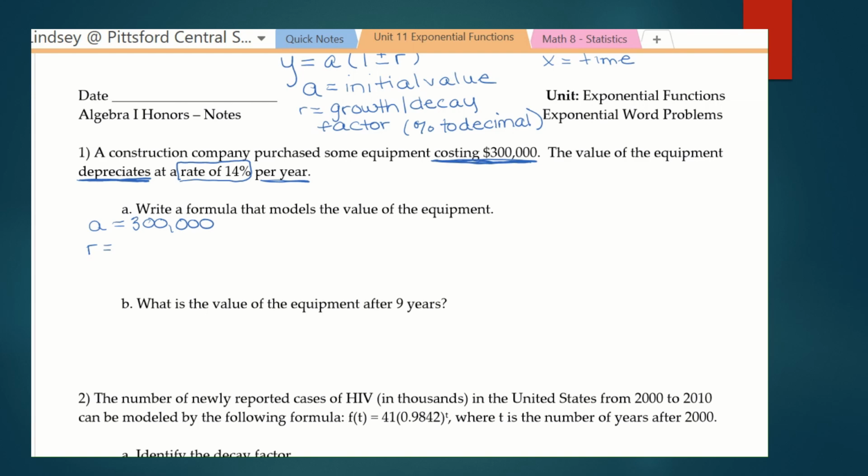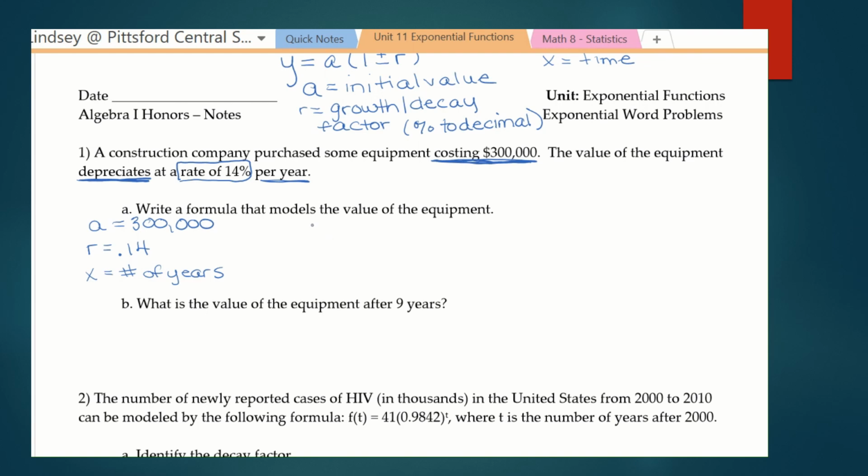So 14% divided by 100 gives me 0.14. Or you can think about it as you move the decimal place 2 to the left when you're dealing with a percent, changing that to a decimal. And then last but not least, our time, or our X, is number of years. So we don't have a specific value of that. It all depends on what they want us to look for.